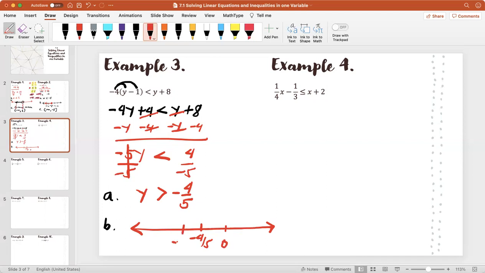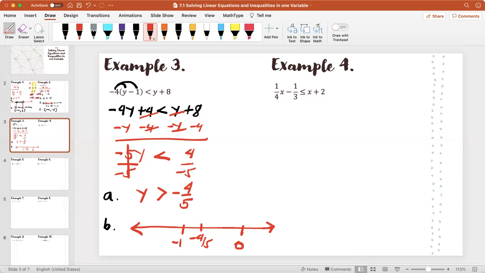So we can find negative 4/5 in between negative 1 and 0. I think this one is not so accurate. I'll just make sure it's accurate. So it's closer to negative 1, so maybe 0 is somewhere here.